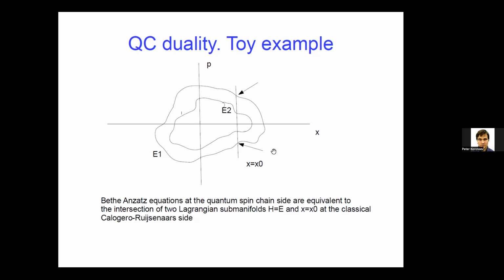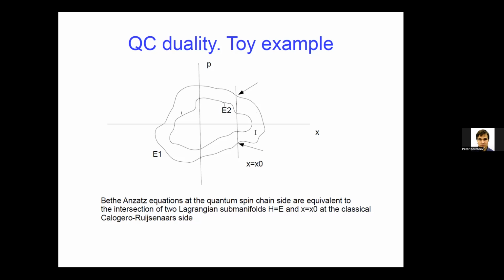It turns out that when we consider the intersection of two Lagrangian manifolds, here in this toy picture just two points, these points turn out to be the solution to the Bethe equation in the auxiliary spin system. So this is a simplified model, but generically we have a many body system, and nevertheless we have a similar intersection of two Lagrangian submanifolds.